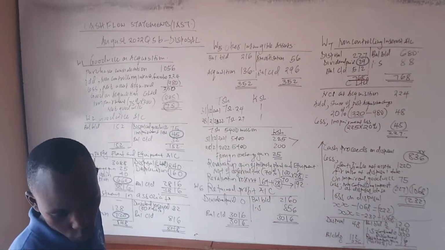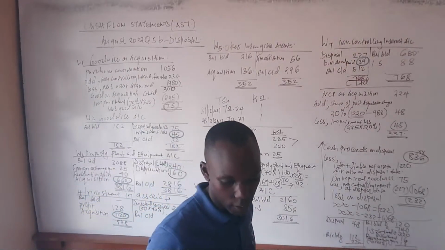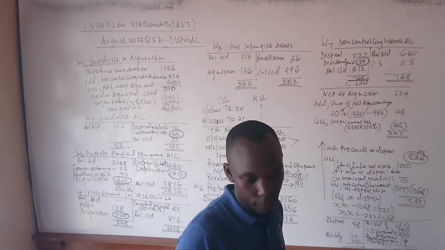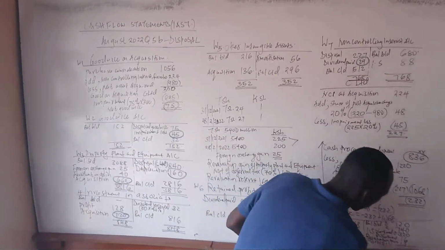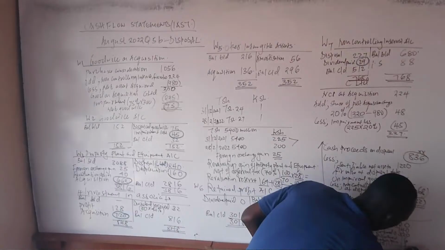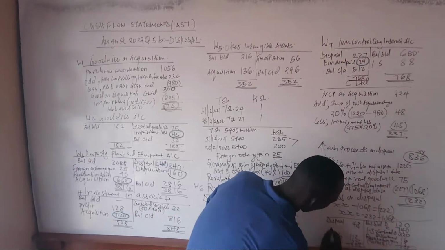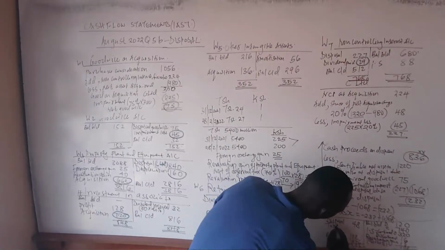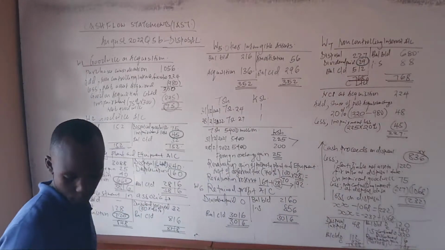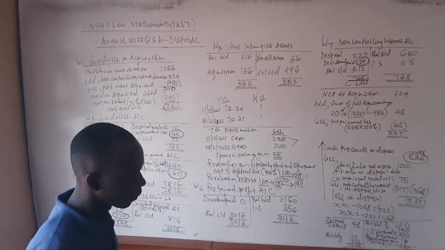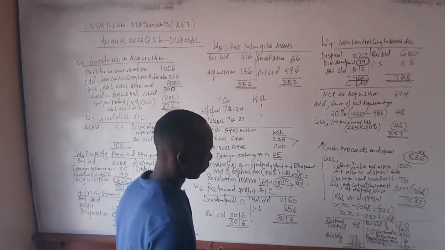The balance with the total is 1208. Therefore, give me the tax paid. 672.